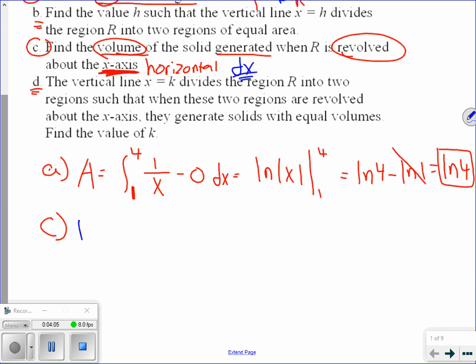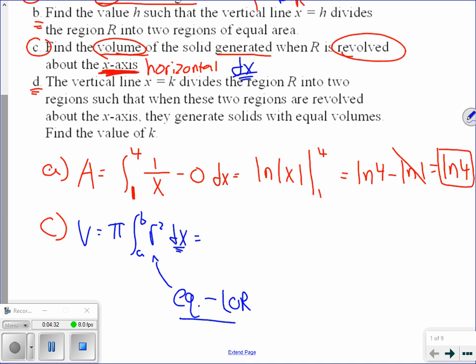All right, so remember what our equation was. Volume equals pi integral a to b of r squared dx. And remember that the r is simply the difference from the top to the bottom, or the way I always like to say it, the equation minus the line of revolution. The difference between the equation and the line of revolution.